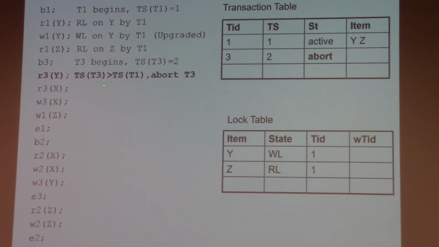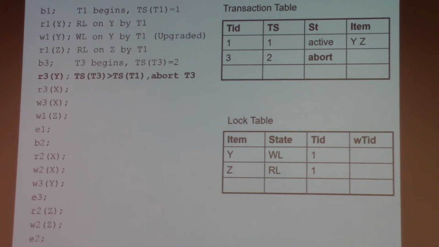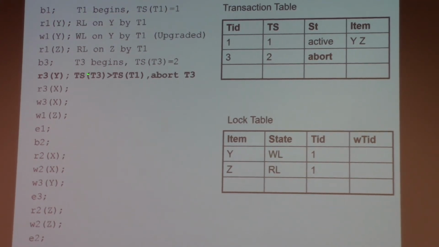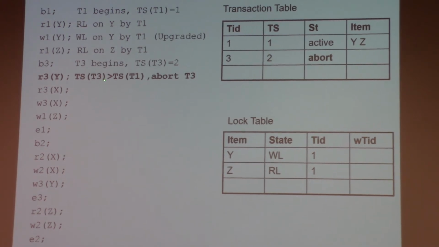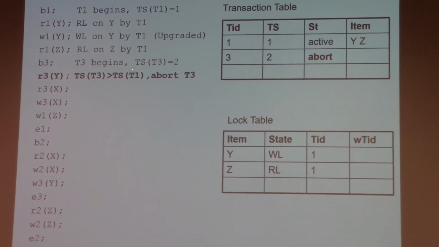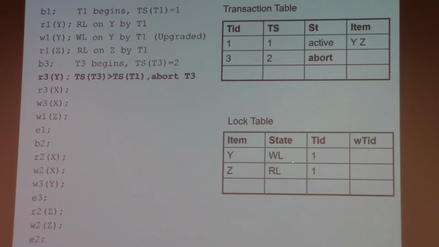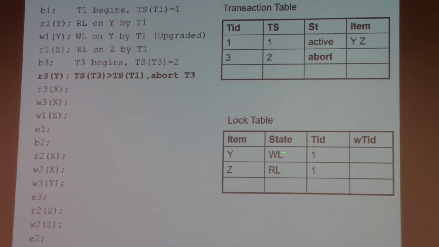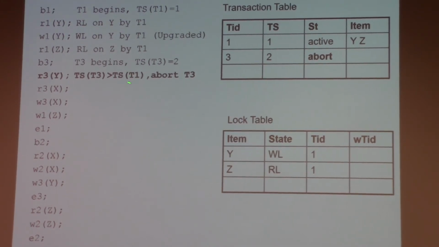So you need to check using the wait-die algorithm whether to wait or abort. The left-hand side is transaction 3 that caused this conflict situation. Then check the transaction ID currently holding data item Y, that is transaction 1. You need to check the timestamp.